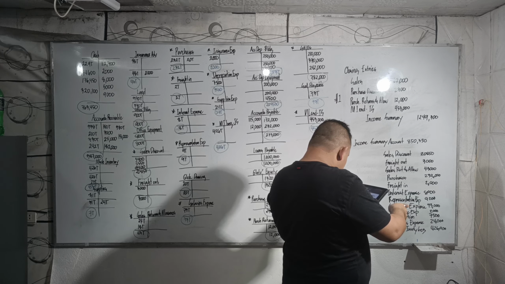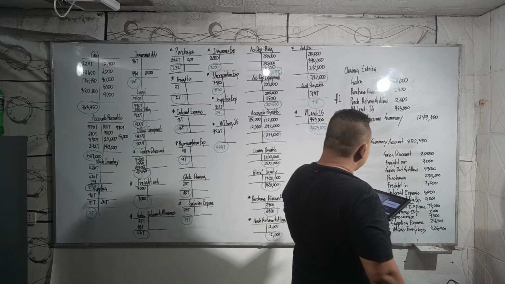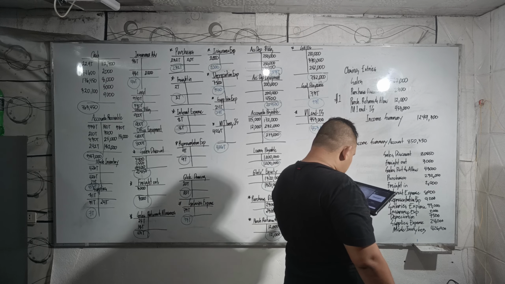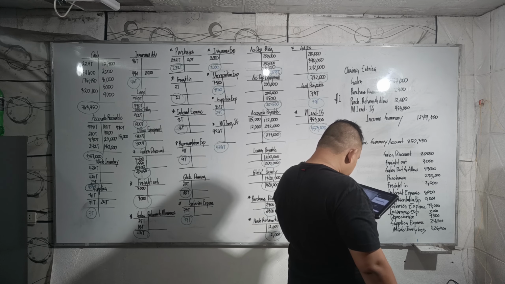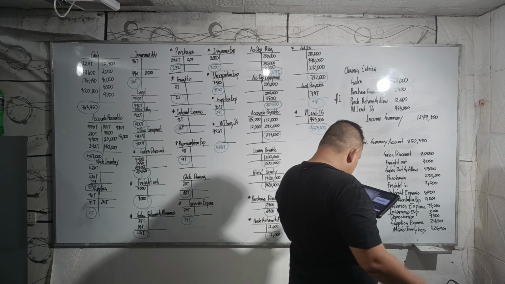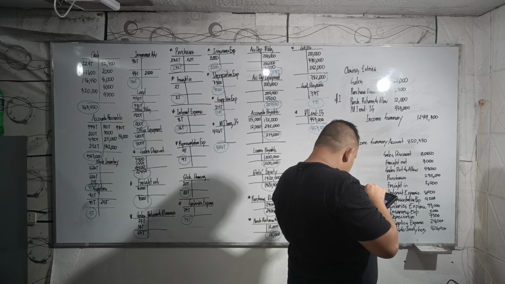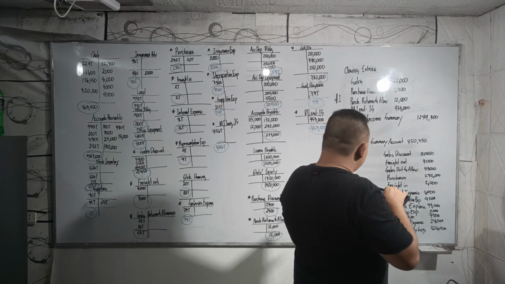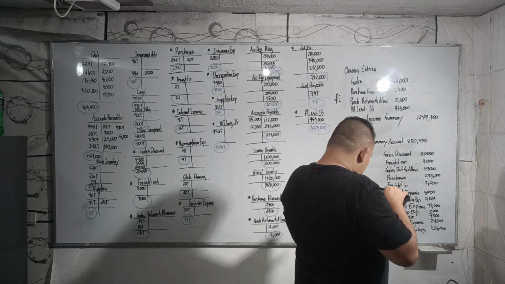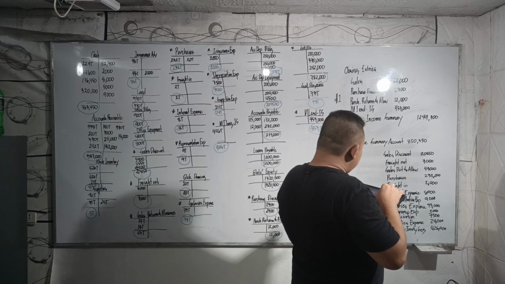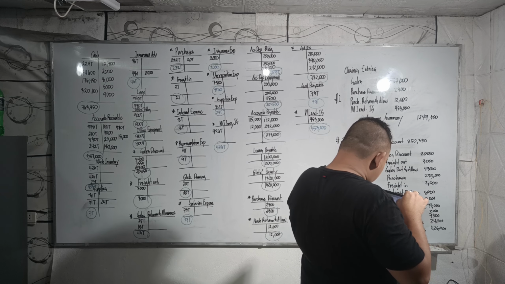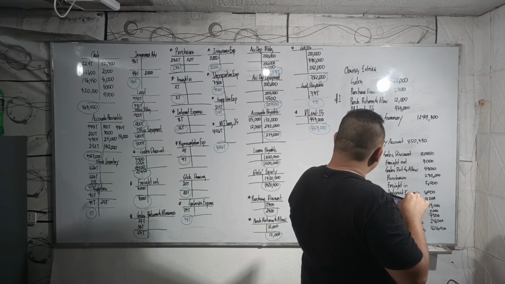And then we have sales discount of 20,850. And then sales returns and allowances of 47,000. 47, 43. Let me check. Yeah, it's supposed to be 43. And then we have 212,000 purchases.